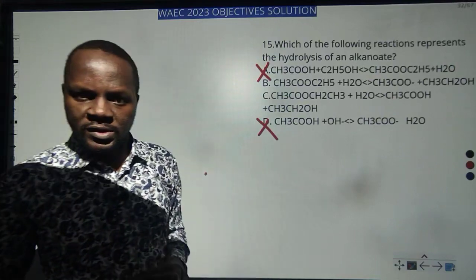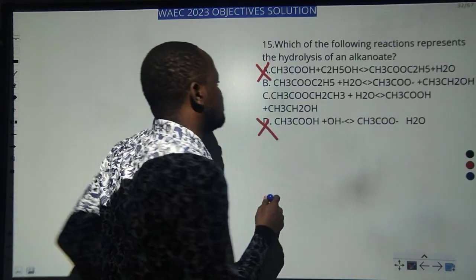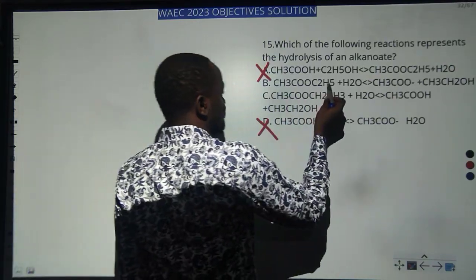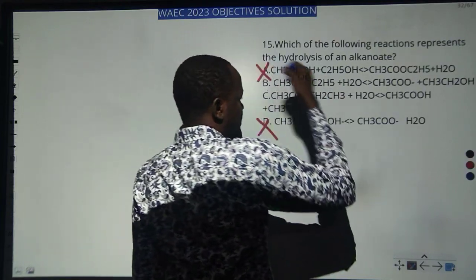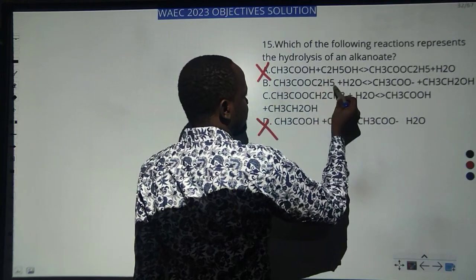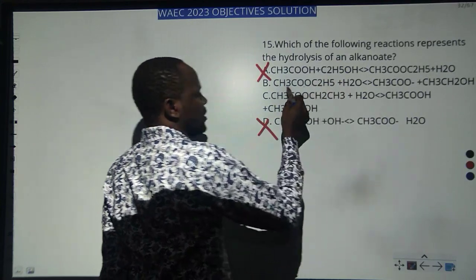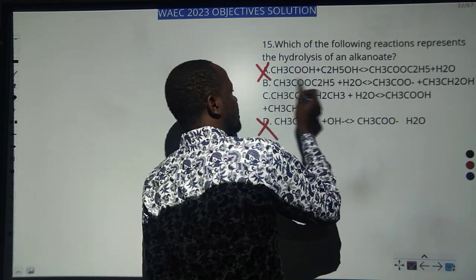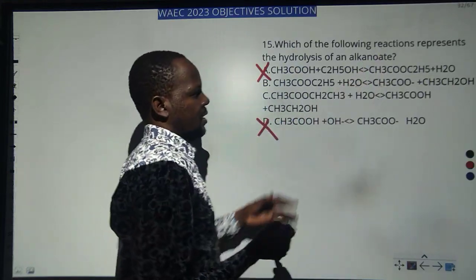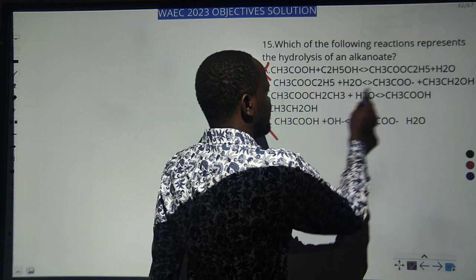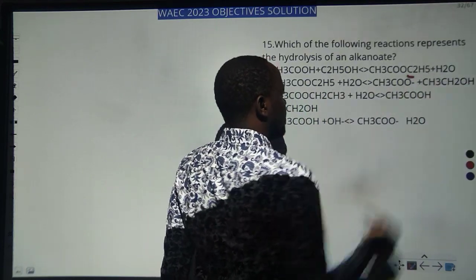I hope you get what I am doing. So if we check B, this is propyl. This is ethyl ethanoate, CH3COOC2H5. It's hydrolyzed with water. Now it's going to give us CH3COOH, apologies.